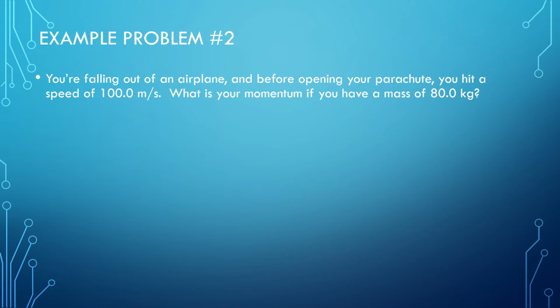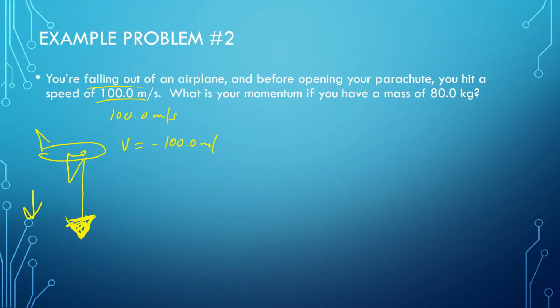So you're falling out of an airplane. So here's your plane, sort of. This is you falling out. Before opening your parachute, you hit a speed of 100 meters per second. Since you're going downwards, your velocity could be negative 100 meters per second. What is your momentum, p, if your mass is 80 kilograms?